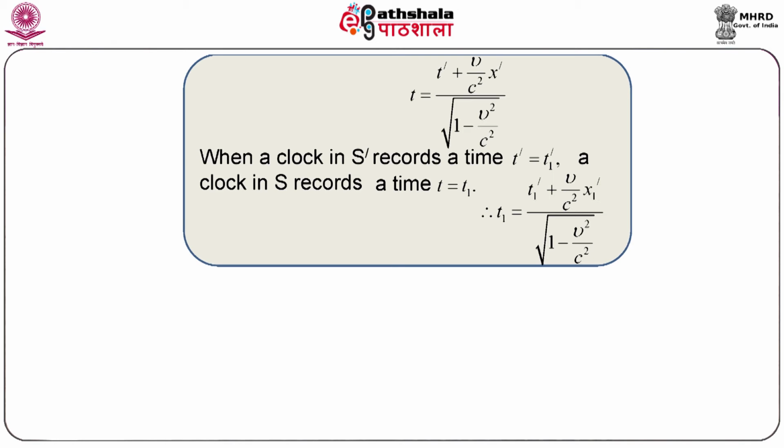So, one can connect t1 with t1 dash by a formula given by t1 equal to t1 dash plus v divided by c square into x1 dash, divided by square root of 1 minus v square divided by c square. Please note that here we have substituted t equal to t1, t dash equal to t1 dash and x dash equal to x1 dash, and we get this result.